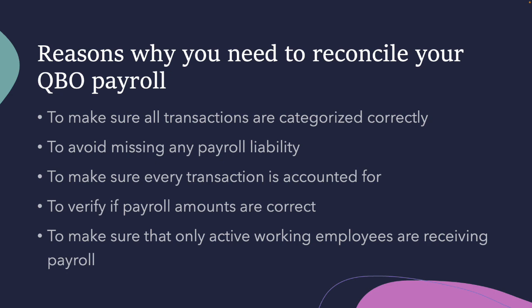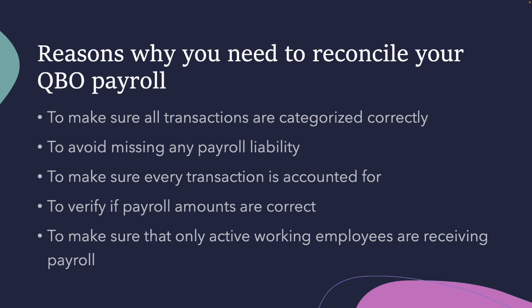To avoid missing any payroll liability, let's suppose you issue a payroll, but the employee never cashes a check, so you have a liability. And you want to check. I know that nowadays most payroll runs electronically, but let's suppose that it's missing. So you want to make sure everything is there and accounted for.